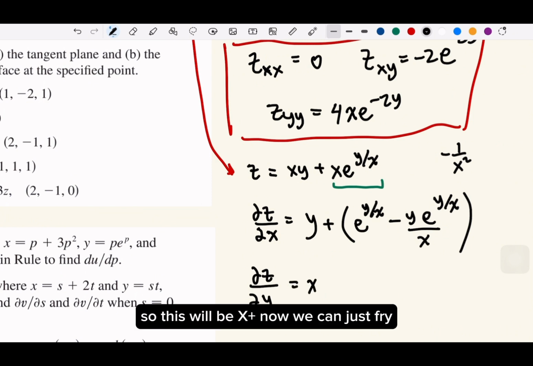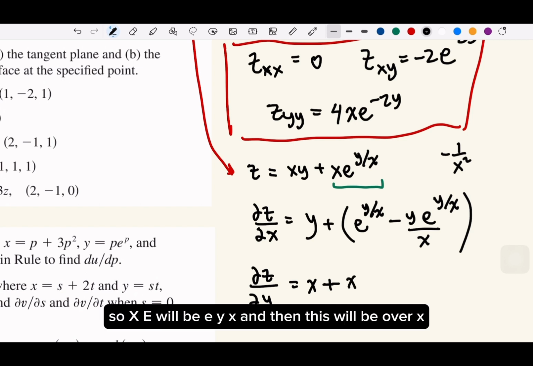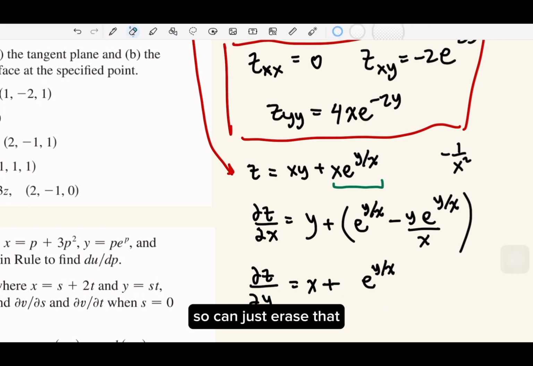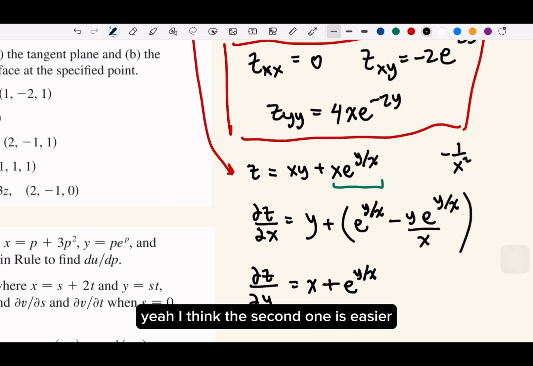So this will be x plus e^(y/x), and then this will be over x, so you can just erase that. Okay. Yeah, I think the second one is easier.